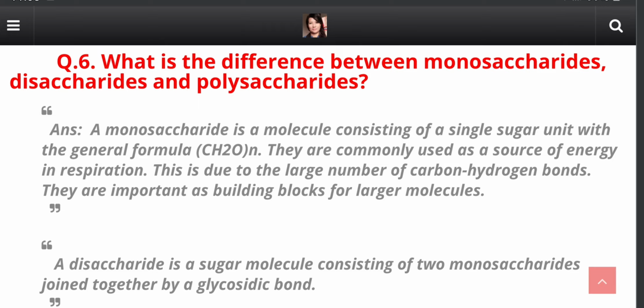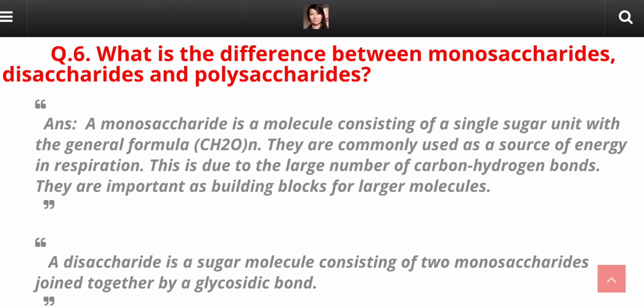They are commonly used as a source of energy in respiration, the breathing process, due to the large number of carbon-hydrogen bonds. They are also important as building blocks for larger molecules.